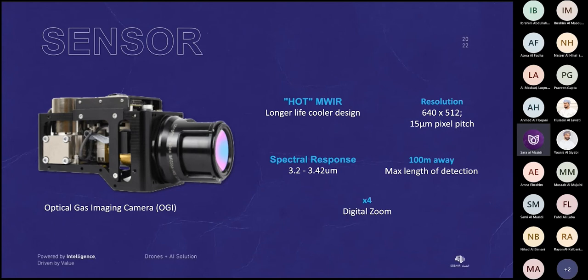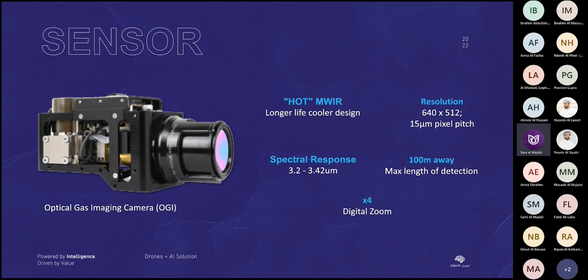And also we have a high resolution of 640 by 512 with a 15 micrometer pixel pitch. Pixel pitch is usually the distance between pixels, and a smaller pixel pitch means your camera is better.